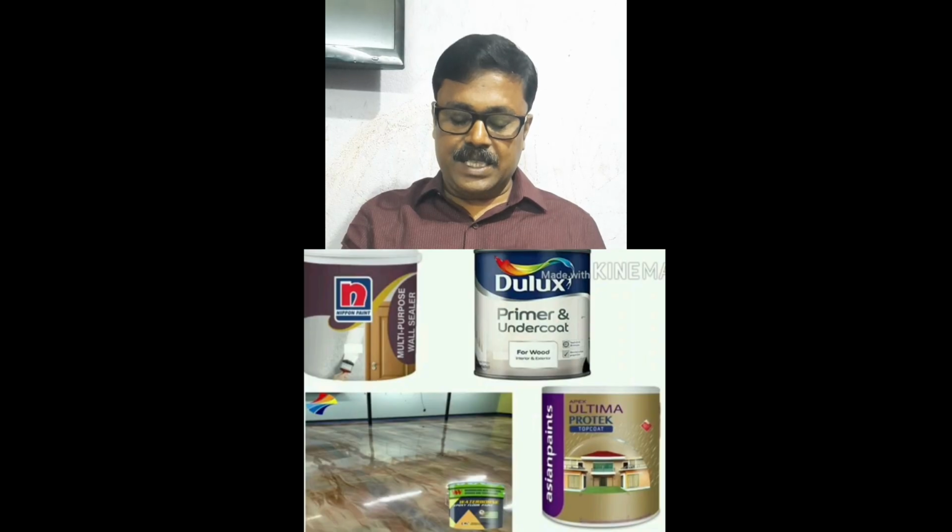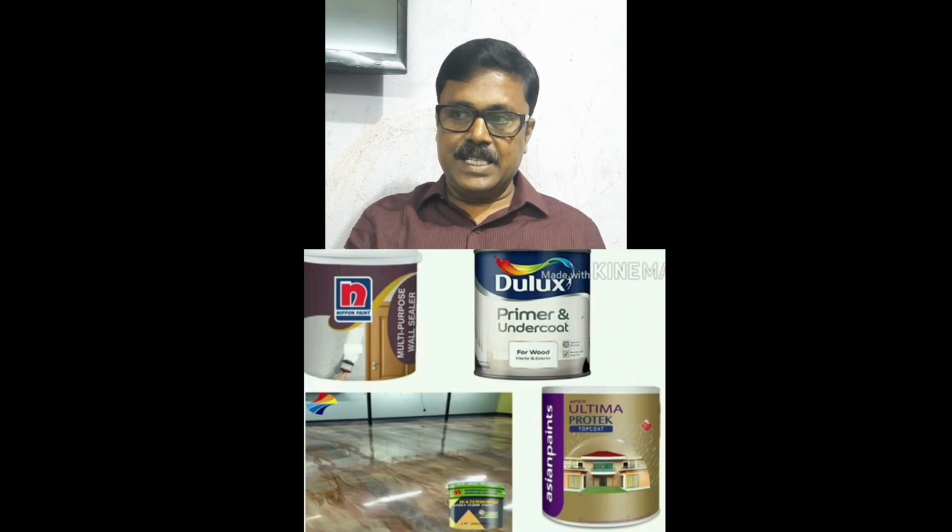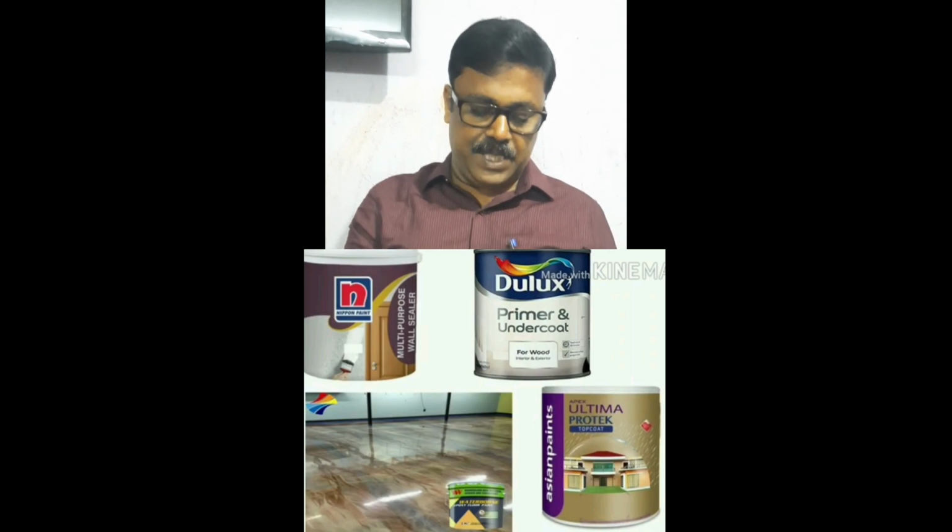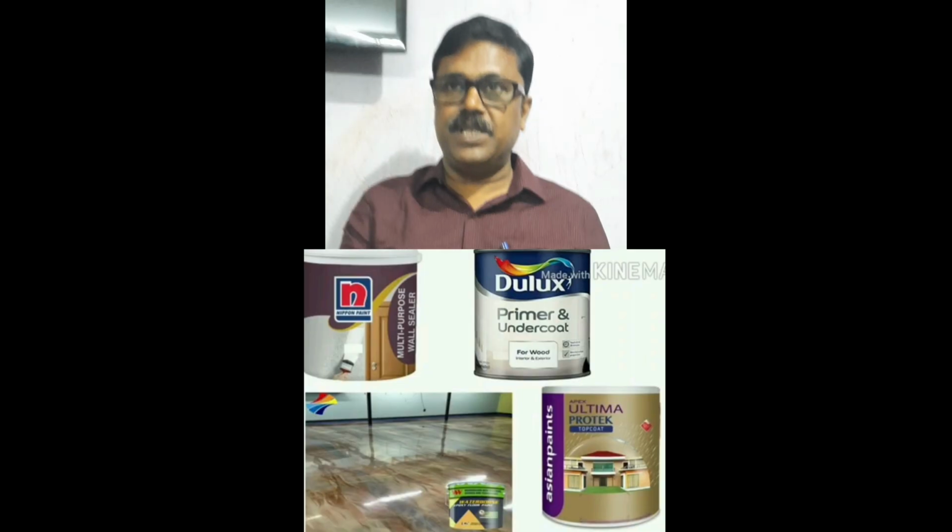And the exterior coating is used on the exterior wall, and it is anti-fungus, waterproof, moisture resistant, chemical resistant, and UV resistant. Based on the gloss, there are matte finish, eggshell finish, semi-gloss finish, and gloss finish.